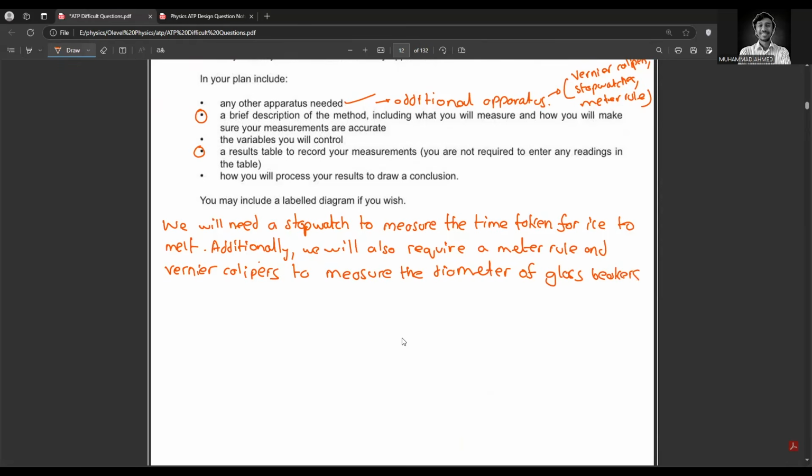Now this caters the first point. Your first point is done. I will keep on placing a tick here. Let's move on to the second point.